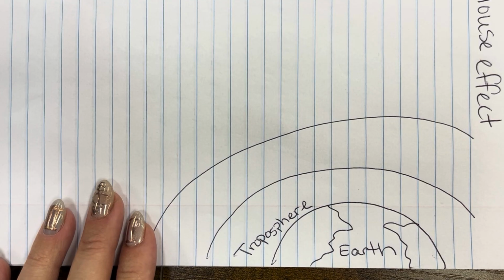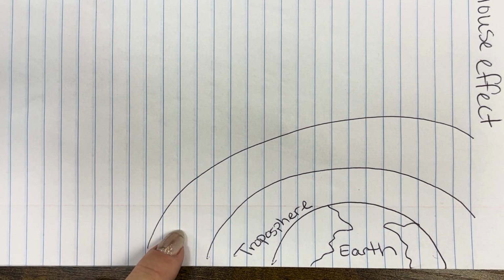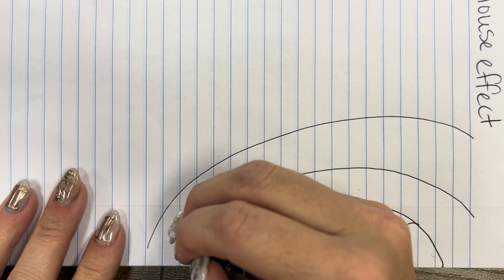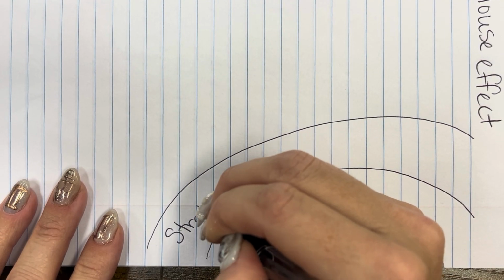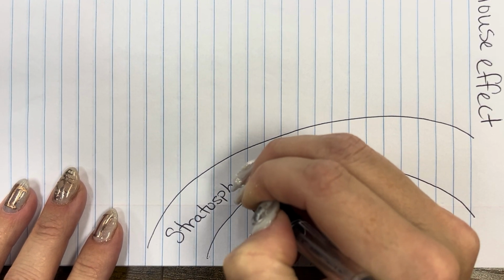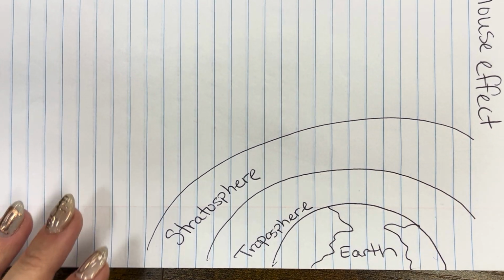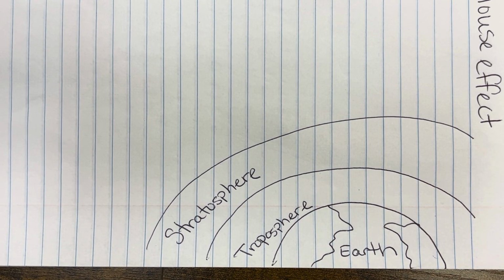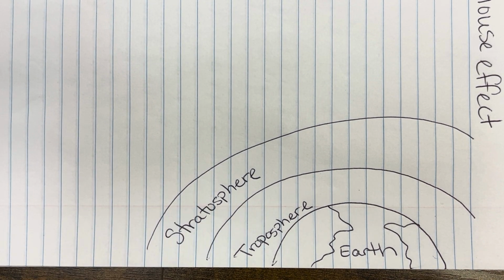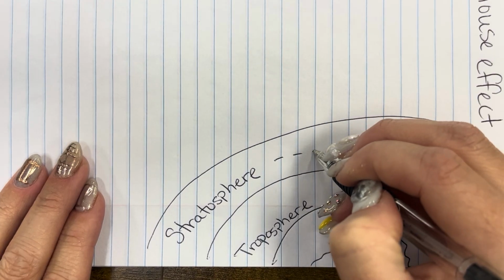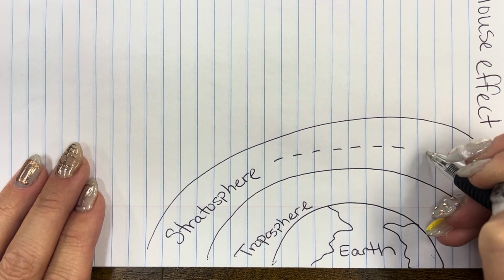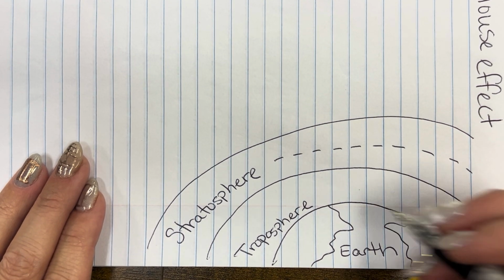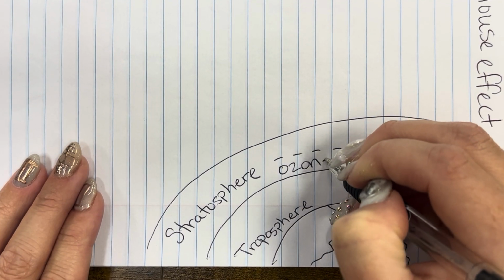And then the second layer, which we know is the stratosphere. Inside the stratosphere, we have this layer, called the ozone layer.